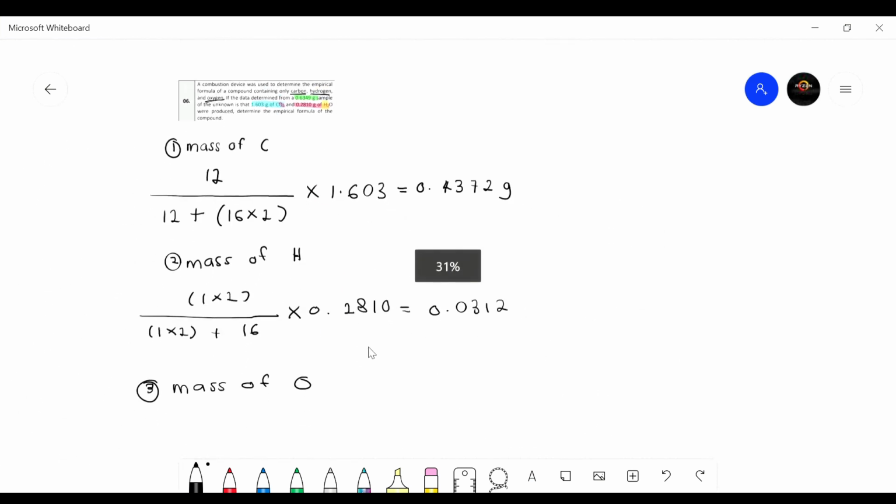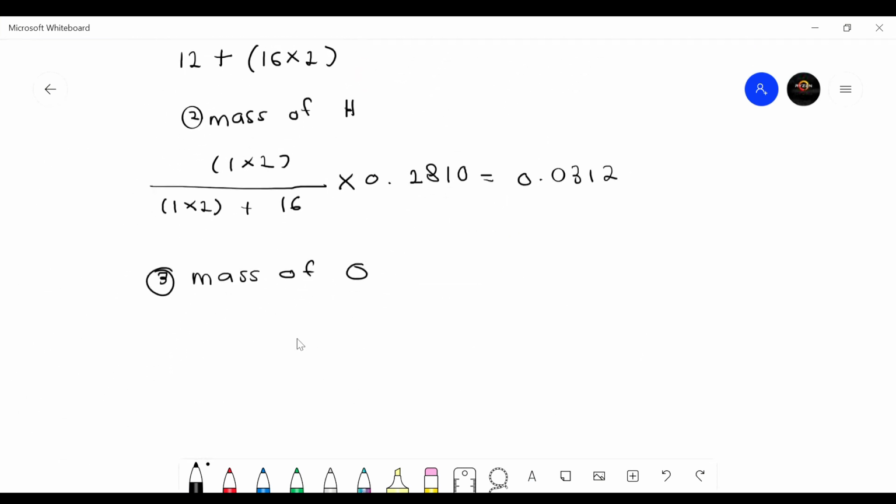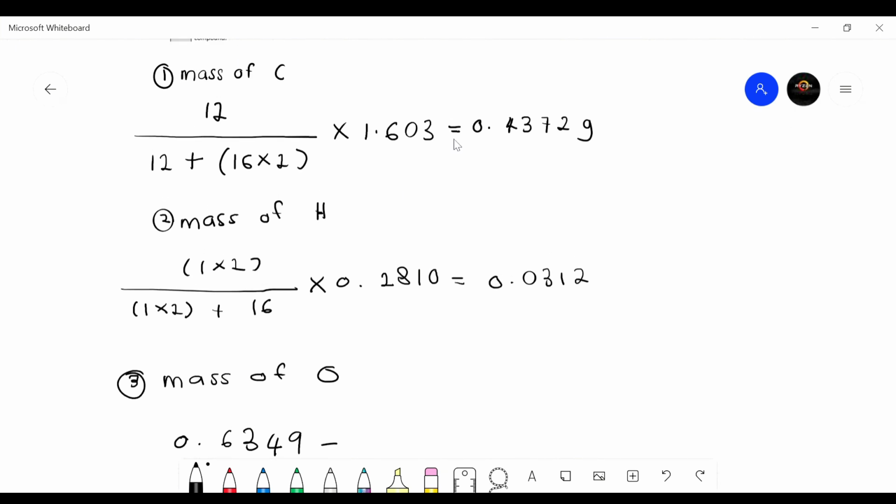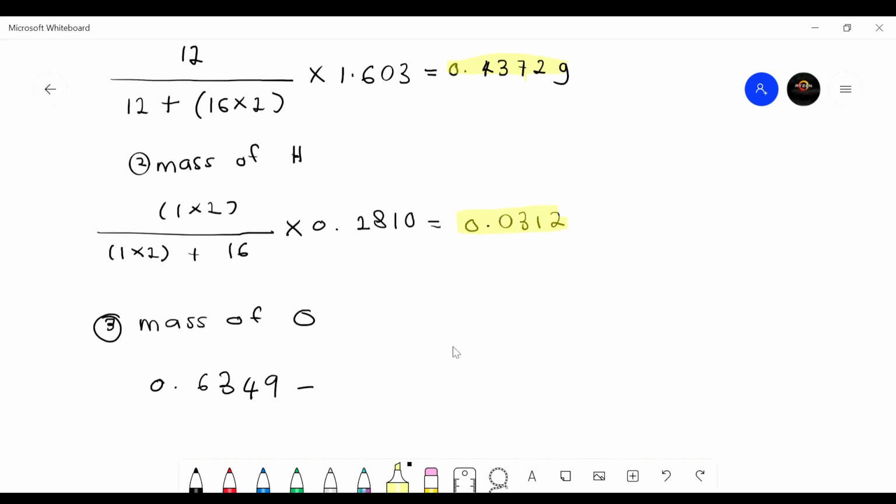We need to use the mass of the sample, 0.6349, minus the mass of carbon and the mass of hydrogen.